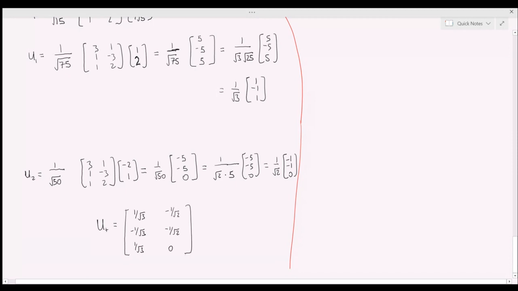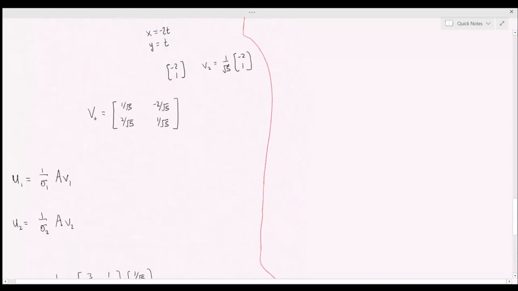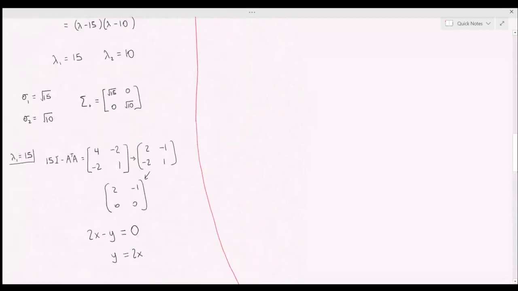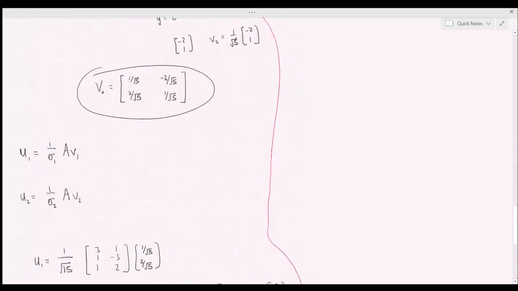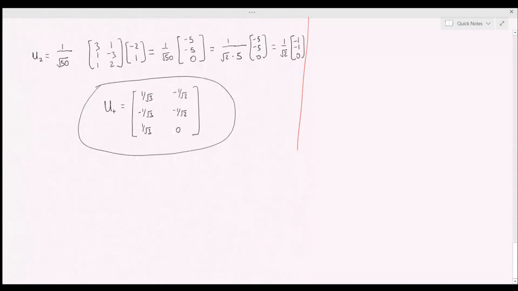Okay. All right, so then with this, and then with V plus from here earlier, and then the sigma plus that we had over here. With those three matrices, that will give you the reduced singular value decomposition of the matrix A, okay?